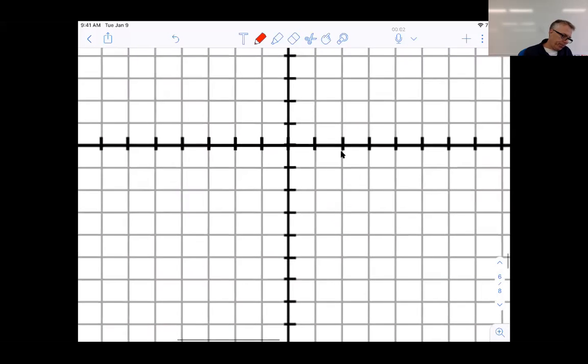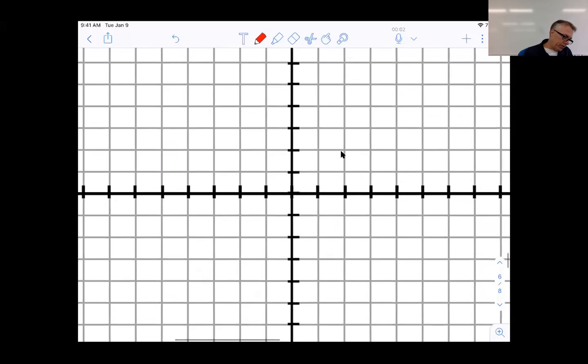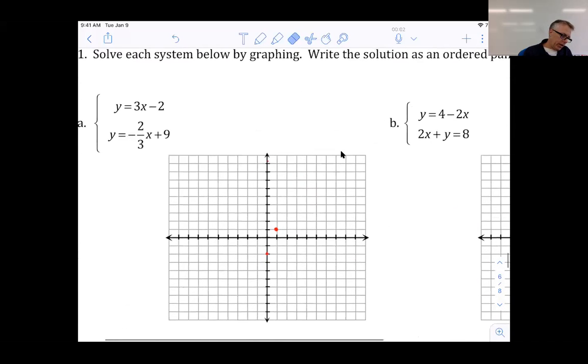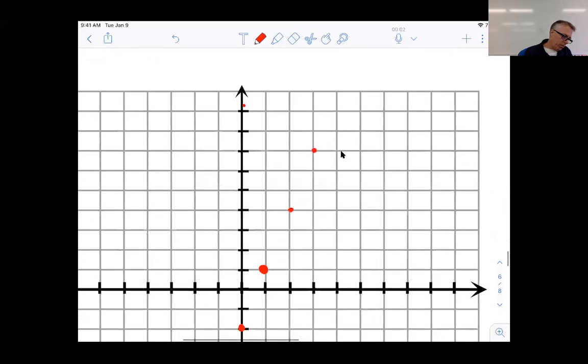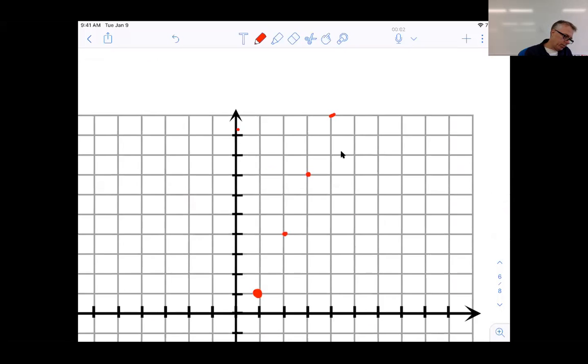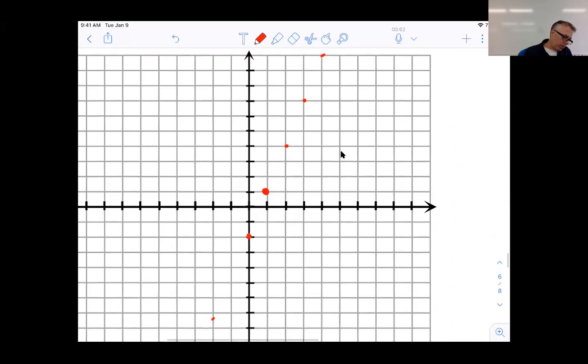So I go up 3 and over 1, and from that point up 3 and over 1 again, and I just continue that. Here is our red line.